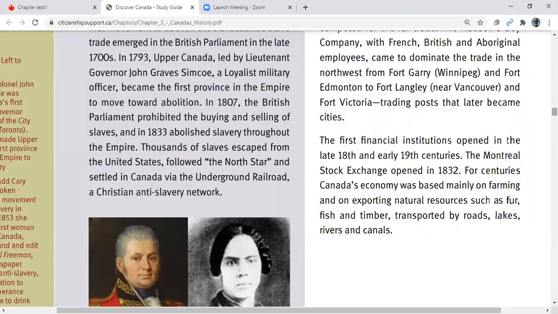Natural resources such as fur, fish and timber transported by roads, lakes, rivers and canals. Yeah, canals.